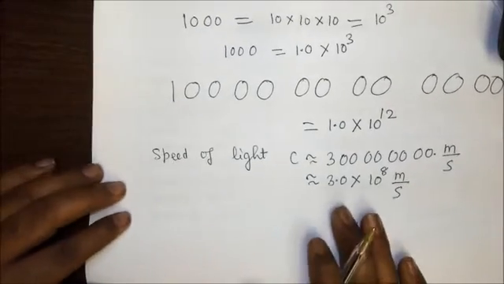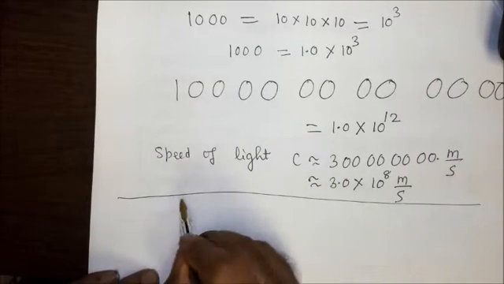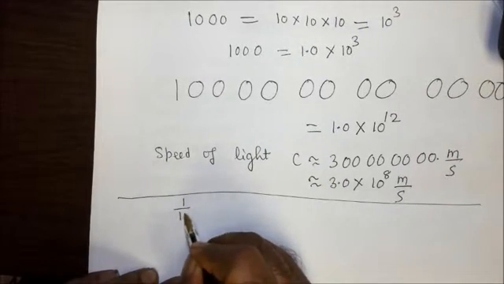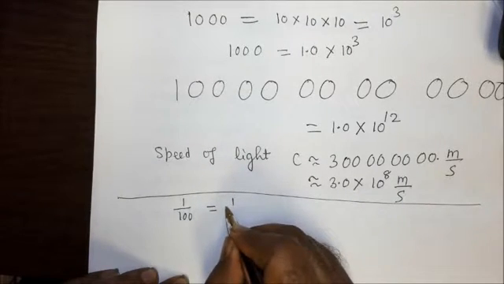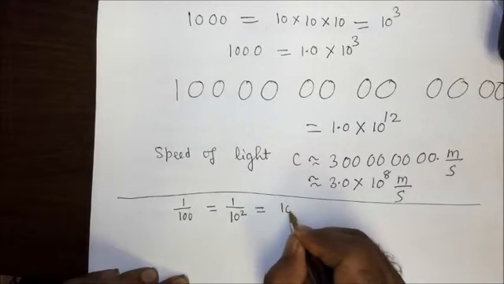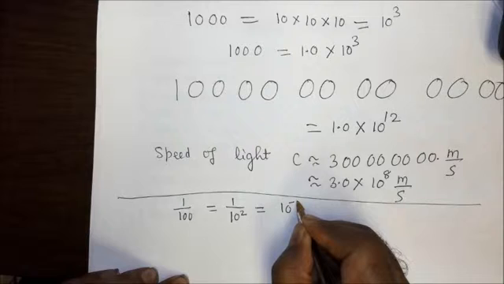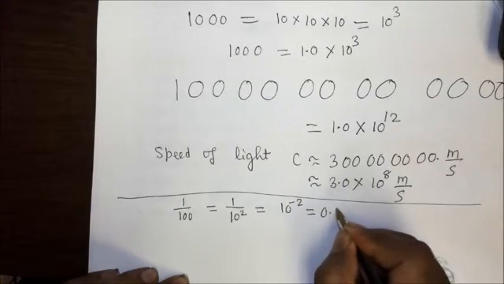Very similar, take numbers like 1 over 100. 1 over 100 means 1 over 10 to the power 2. This can be written as 10 to the power minus 2, or it can be written as 0.01.